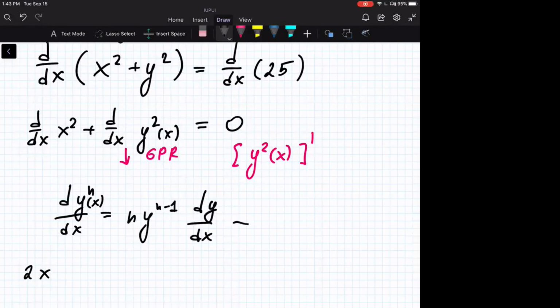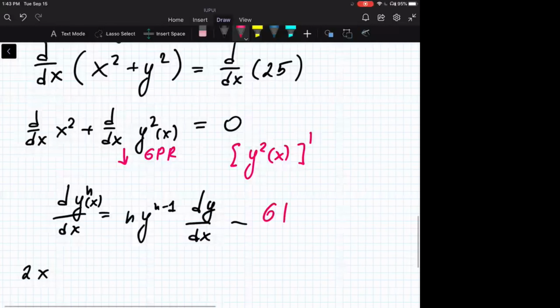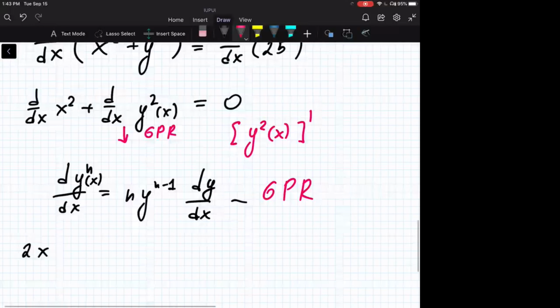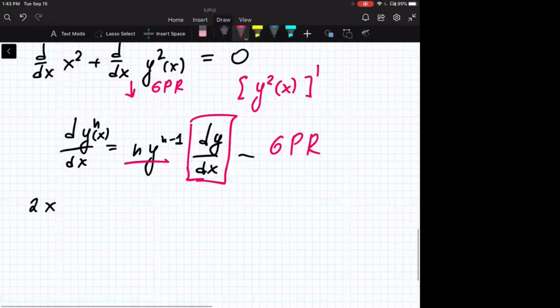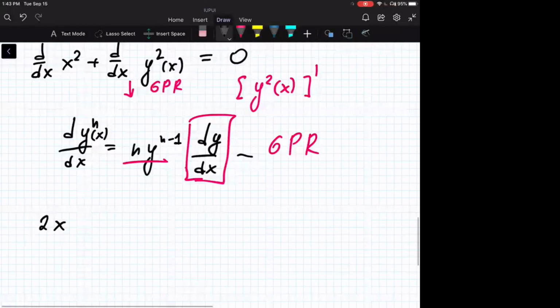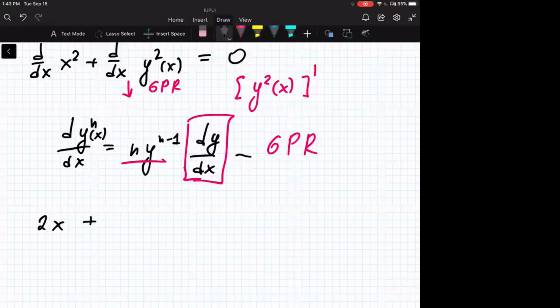This is our generalized power rule. So it's almost like a power rule, except that you need to add the extra derivative of the function itself. And so the first term gives me 2x, while the second term, by this rule, gives me 2y times dy over dx, is equal to 0.